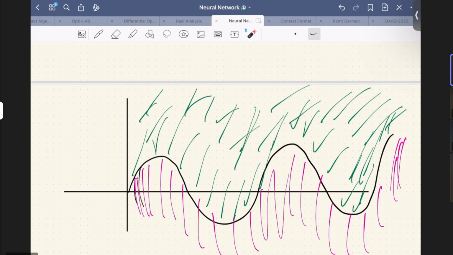Now our target is to find a curve that separates both. You are not telling the computer sin x, but you are using sin x to generate the data points, and you are using neural networks to mimic the function as a sine curve. So literally, you are approximating sin x with the neural network.